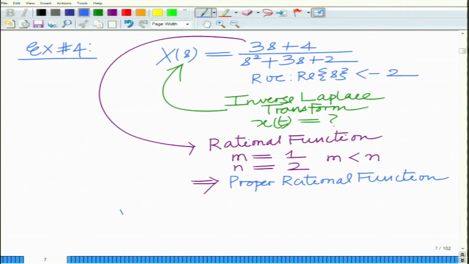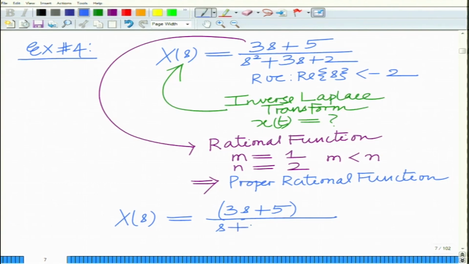Now, if you look at this, I can write X(s) as 3s plus 4, I am sorry, let me just change this slightly, this is 3s plus 5. So, I can write X(s) as 3s plus 5 divided by s square plus 3s plus 2. The roots are minus 2 and minus 1.